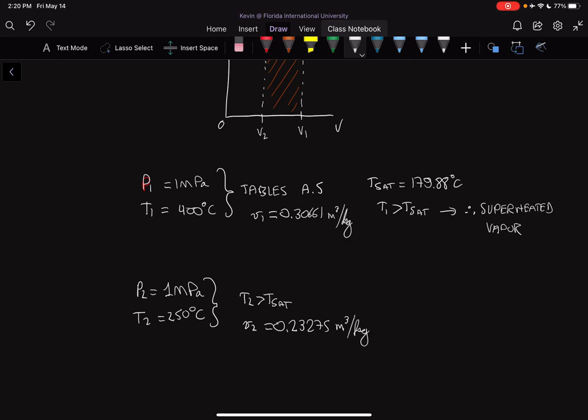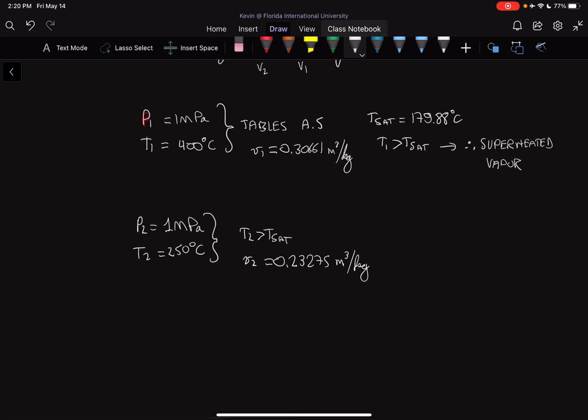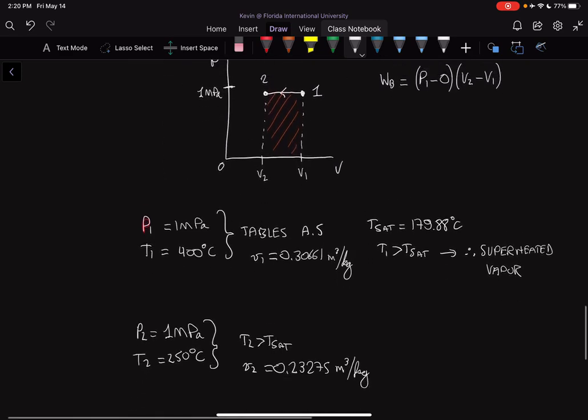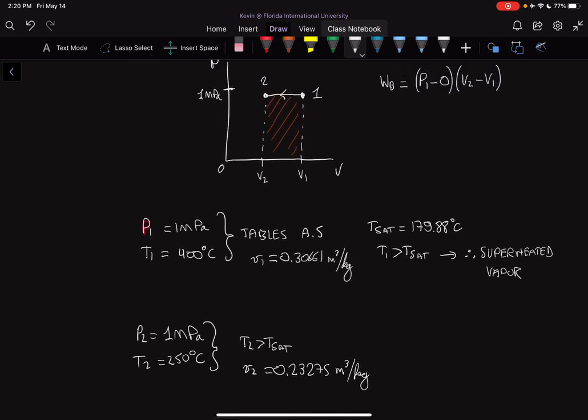Now that we have little v1 and little v2, we can find the actual volume by multiplying by M. I'm going to write it on the top left here: V1 is equal to M times little v1, and V2 is equal to M times little v2. If you do the math correctly, volume 1 is 0.184 meters cubed, and V2 is equal to 0.140 meters cubed.